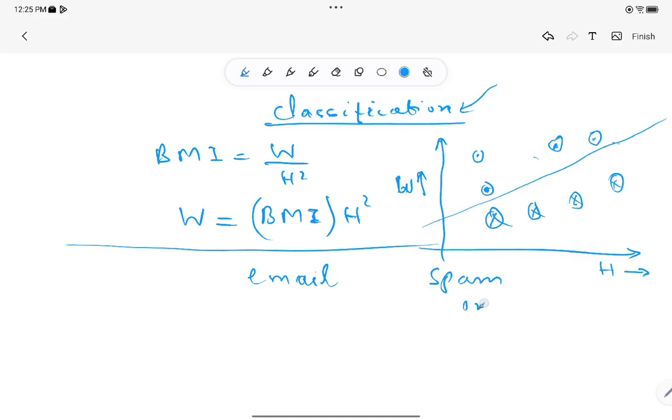If it is spam, you may code that by saying that the output is +1, just as output was coded +1 if the person is obese, and if it is non-spam, you will say -1. So again here you have two groups, spam emails and non-spam emails.